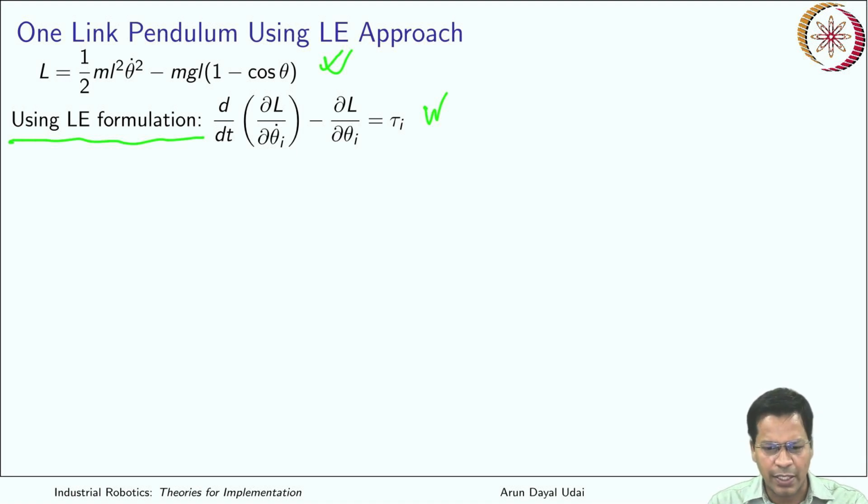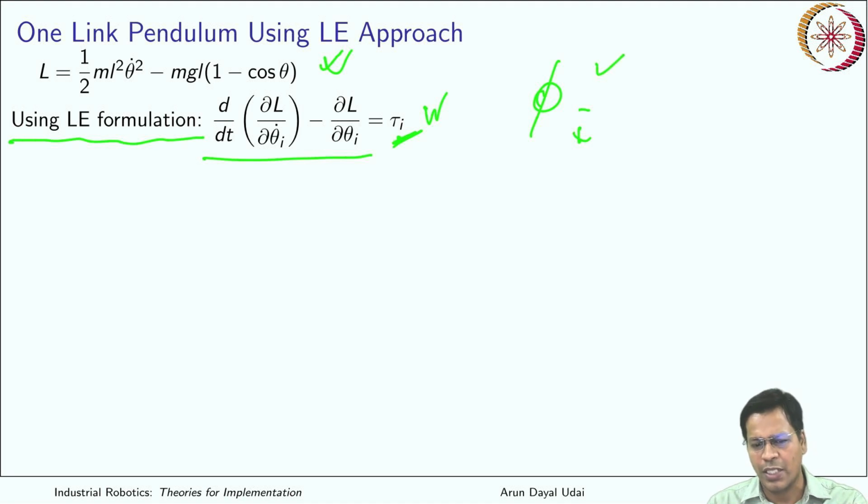As this motion was about a rotary joint, this time I'll use torque instead of force. The rest of the equation remains as it is. Instead of generic force and torque, this joint is a 1 degree of freedom system and a rotary joint, so psi i becomes equal to torque.